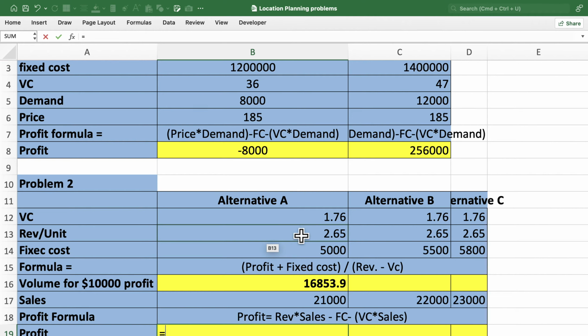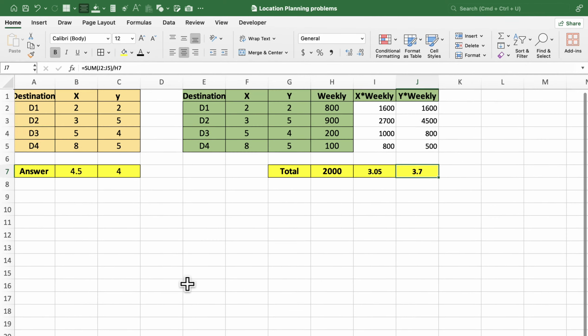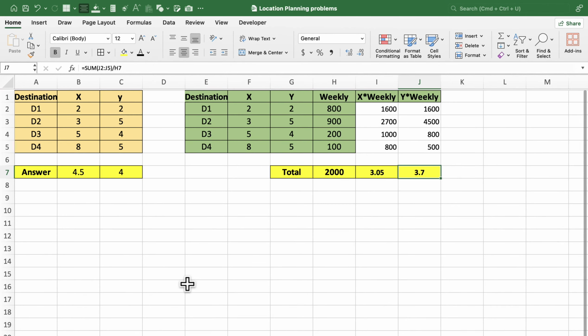Revenue per unit, that's 2.65 multiplied by sales, which is 21,000, and minus the next one is fixed cost, which is 5,000, minus variable cost per unit, which is 1.76 multiplied by 21,000. And if I hit enter, that gives us 13,690.